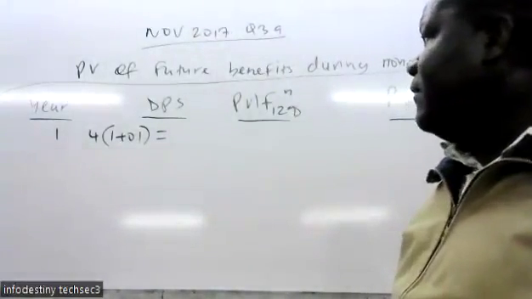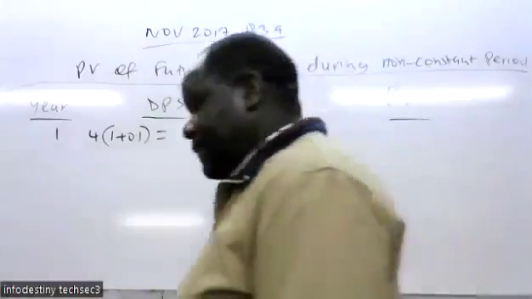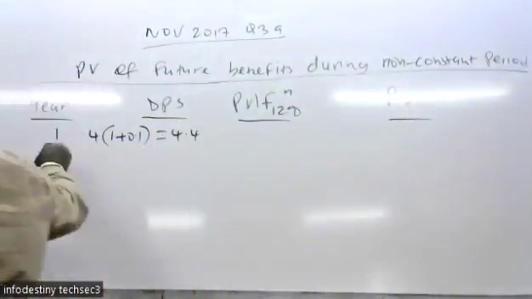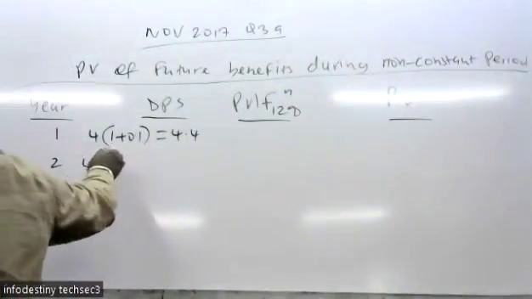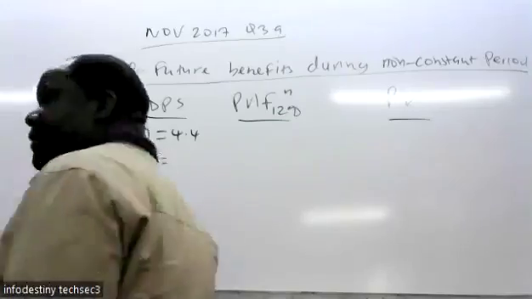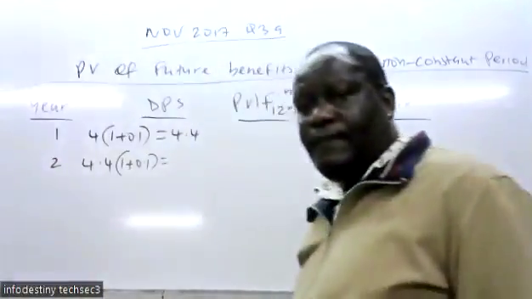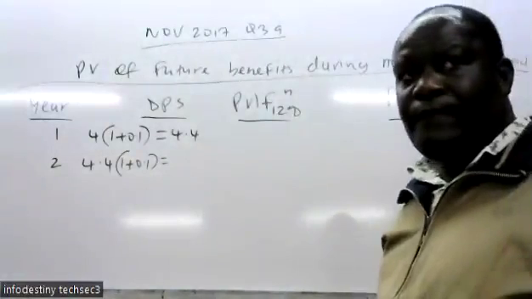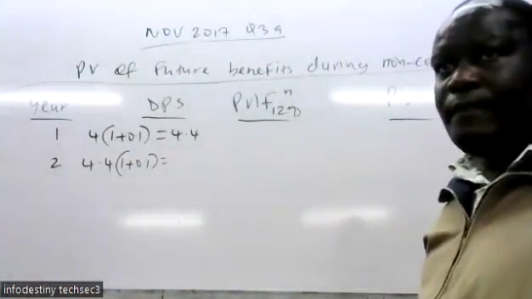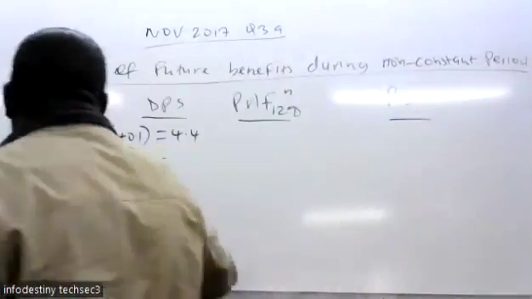So what should be the dividend per share for year one? This should be 4.4. We go to year two, 4.4. We also increase it by 10%, which gives 4.84.